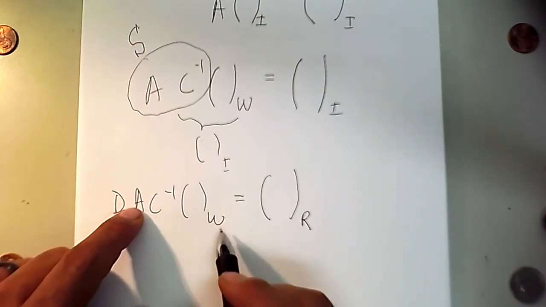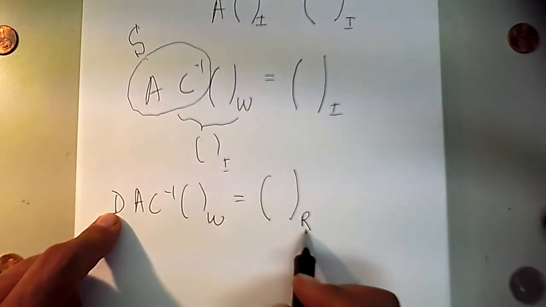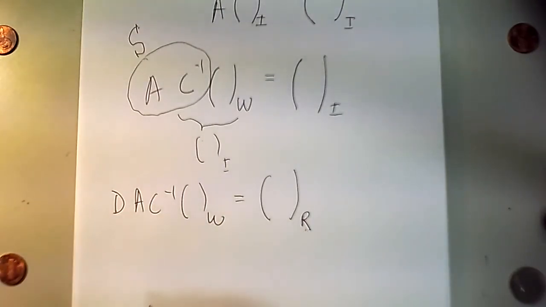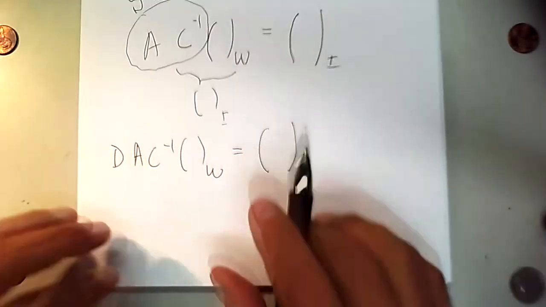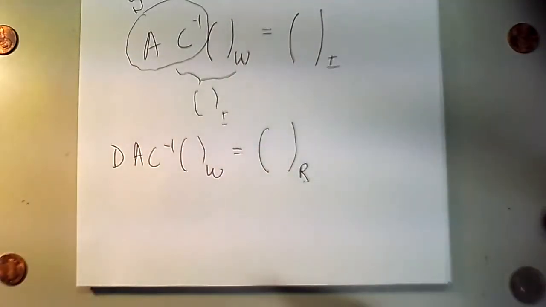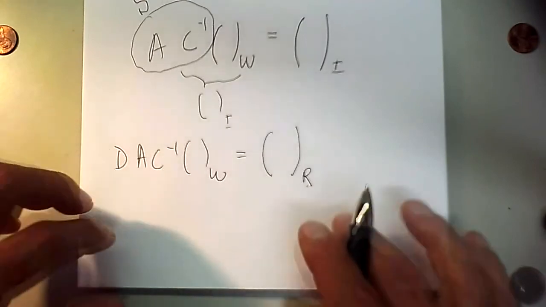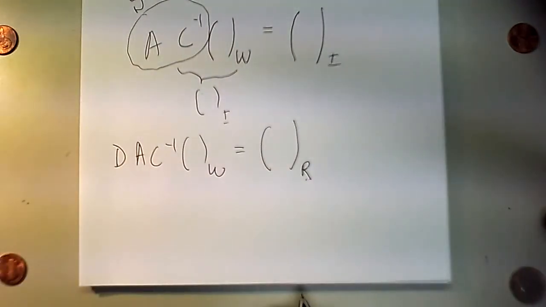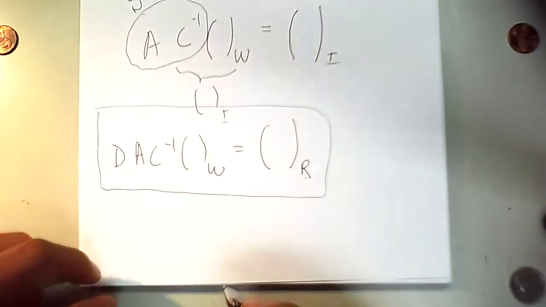A transforms, and then D puts it back into this other language. Now, this is the third bullet. Remember at the beginning of the video, there were 4 bullets. This is the third bullet we want to arrive to.